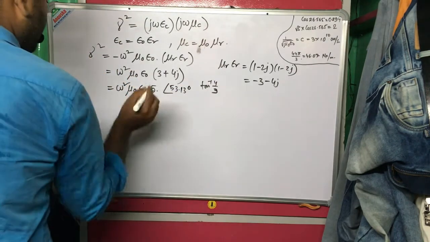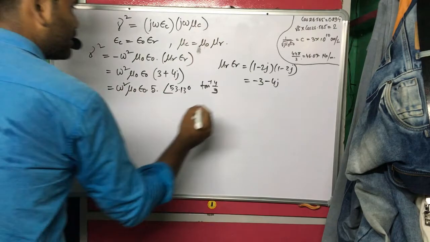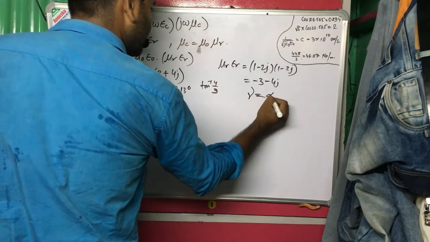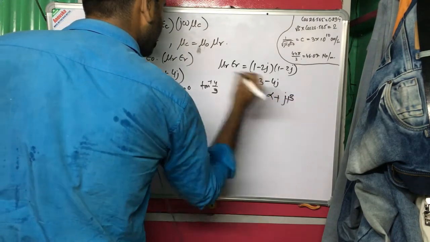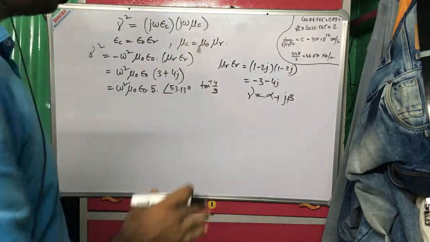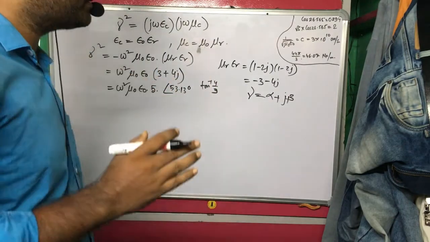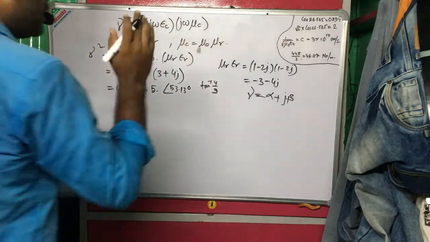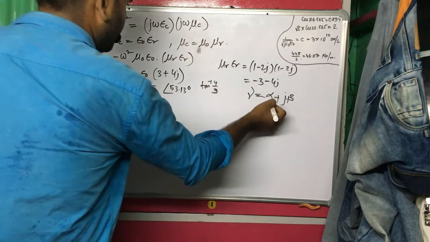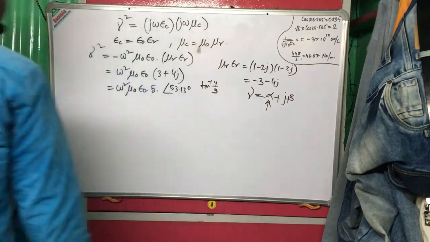We know that gamma is basically alpha plus j beta, where alpha is the attenuation constant and beta is the phase constant, okay. In this problem we need only alpha, the attenuation constant.